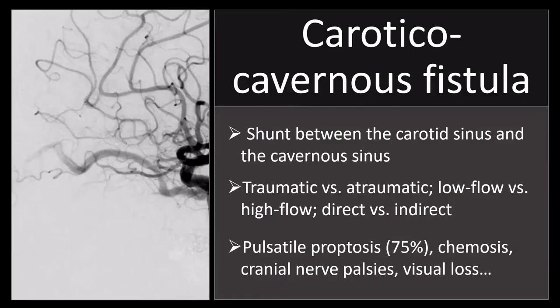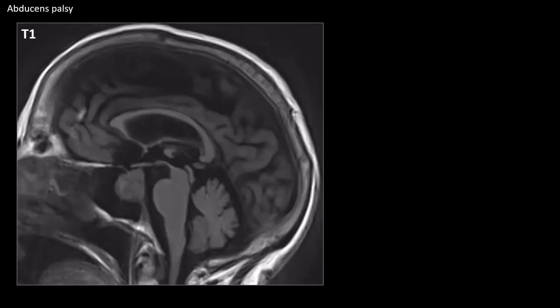So there's a proptosis of the eye, but the eye also pulsates a little bit with each heartbeat. Patients can also have chemosis, so swelling and redness of the eyelids and the conjunctivae, do I pronounce that correctly? They can have cranial nerve palsies and visual loss.